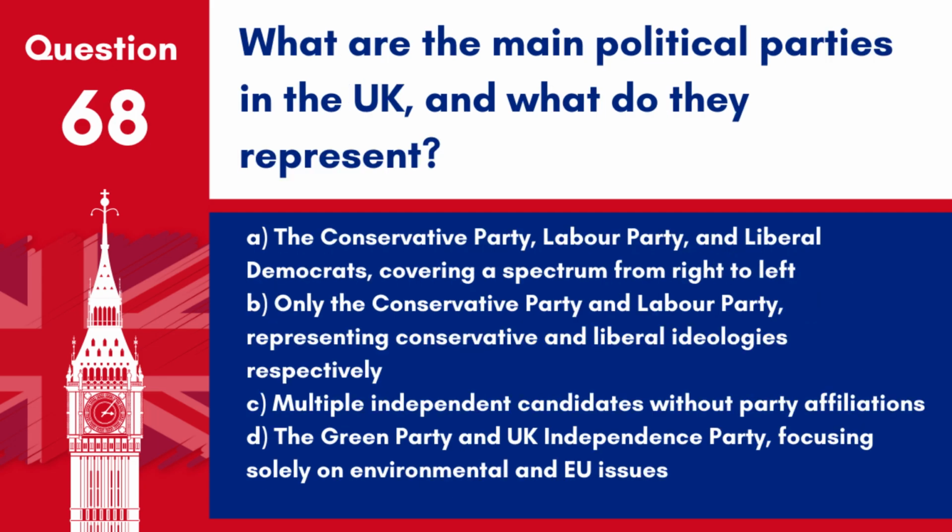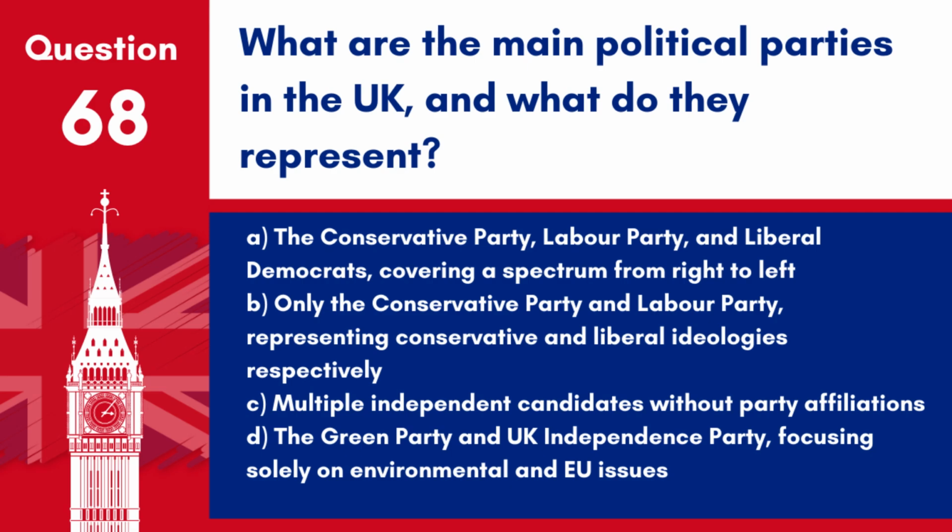Question 68. What are the main political parties in the UK, and what do they represent? A. The Conservative Party, Labour Party, and Liberal Democrats, covering a spectrum from right to left. B. Only the Conservative Party and Labour Party, representing conservative and liberal ideologies respectively.